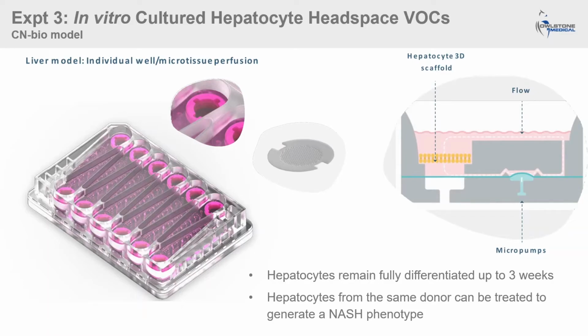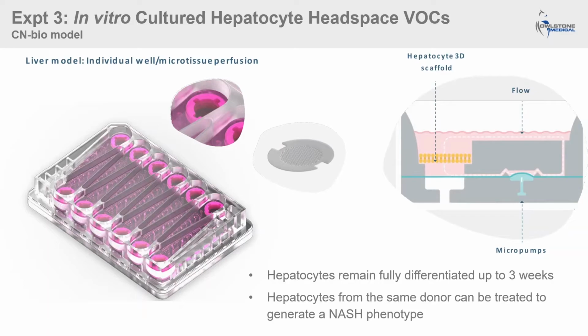Still, we were also looking to see if we could differentiate more subtle differences, for example, those that may be generated by a disease, such as non-alcoholic steatohepatitis. To address this question, we used the CNBio model system, an organ on a chip, in which human hepatocytes are cultured on a scaffold where they can polarize and stay differentiated up to 3 weeks.